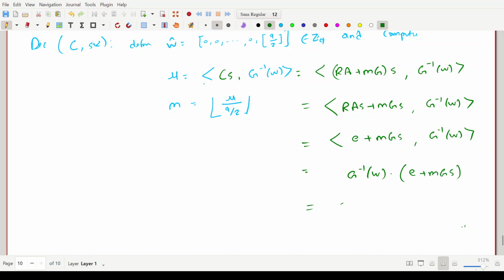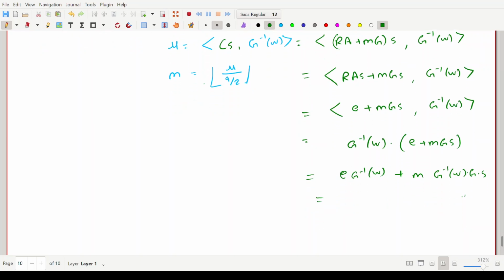The first thing is E multiplied with G inverse of W, which will again be an error only, plus M can be outside because M is just a bit, I'll have G inverse of W multiplied with G into S. So let me call it some E dash plus, G inverse of W as G, so this is M into W into S. This will be equal to E dash plus M into Q by 2.